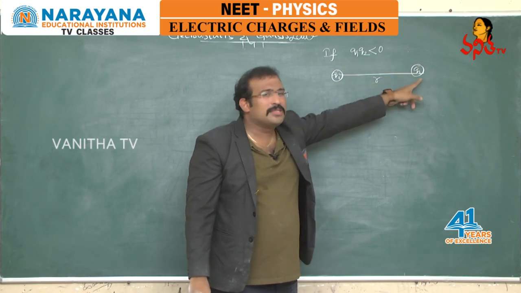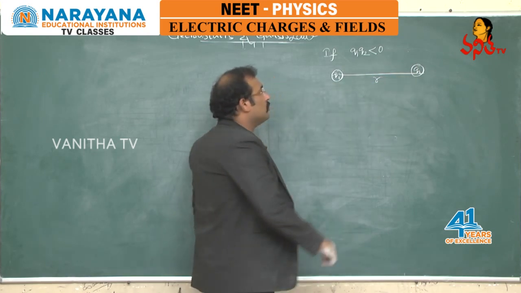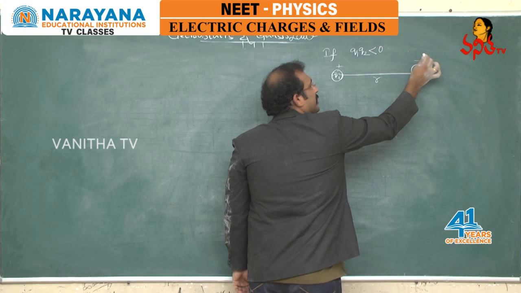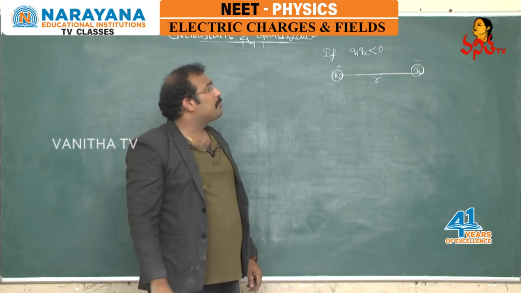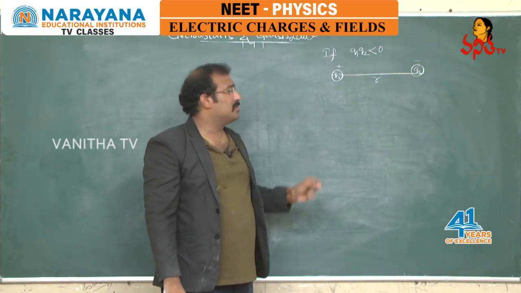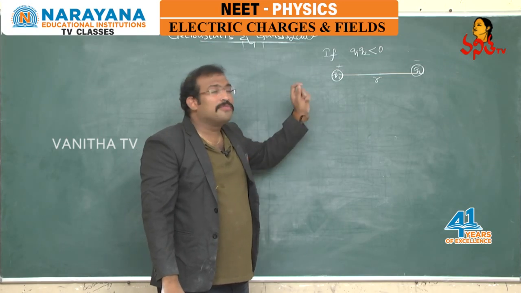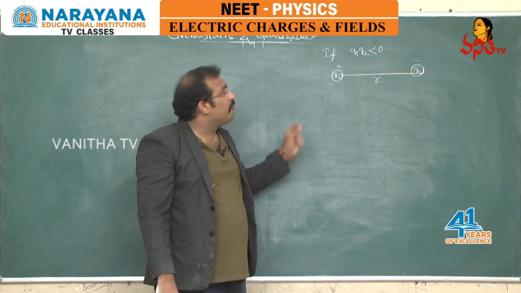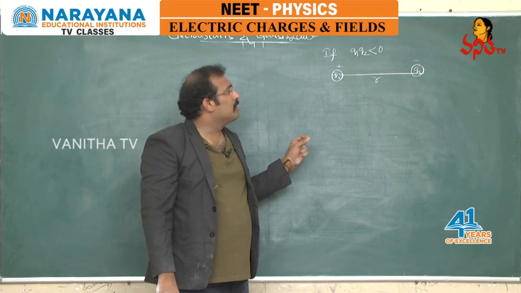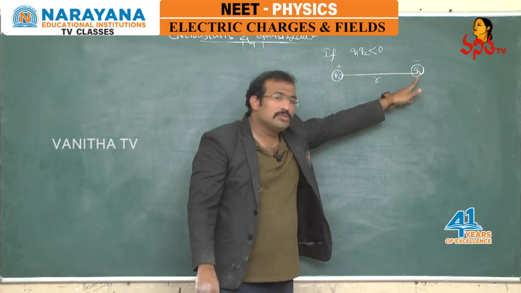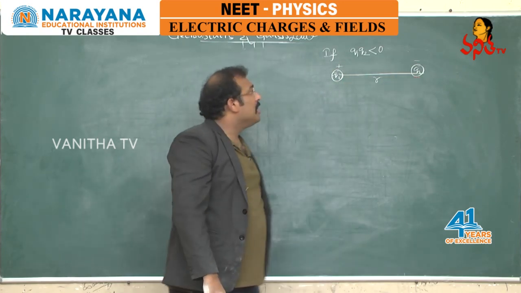One is positive and one is negative. So I am considering this as positive and this as negative. Suppose if I place a test charge, the null point of the test charge will be seen only outside the line joining the two charges. Let us see.